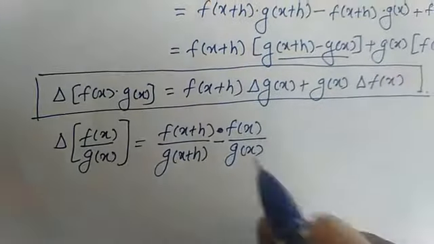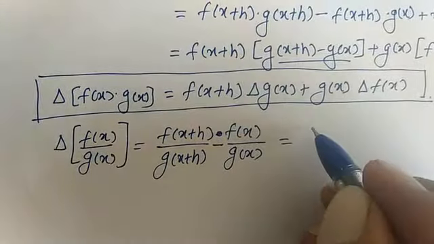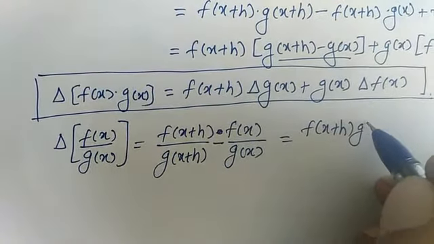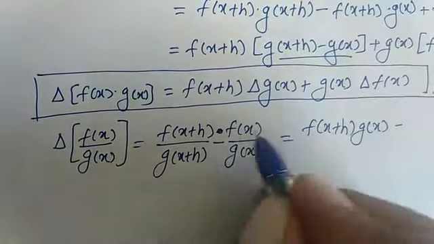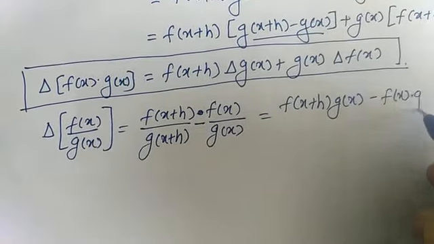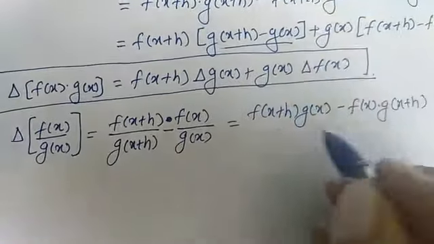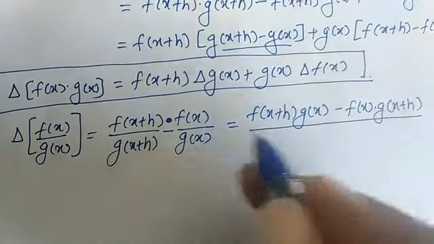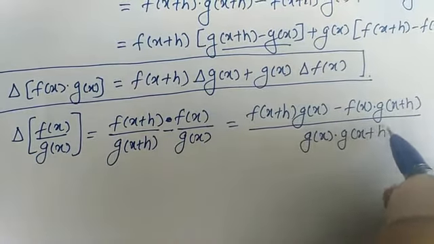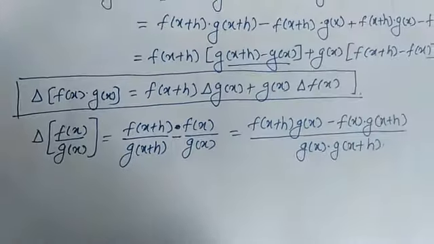We make the LCM, which gives us f(x+h)g(x) minus f(x)g(x+h), divided by the multiplication of both, g(x) into g(x+h), which is our denominator.